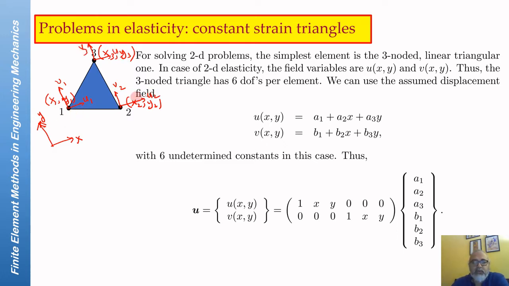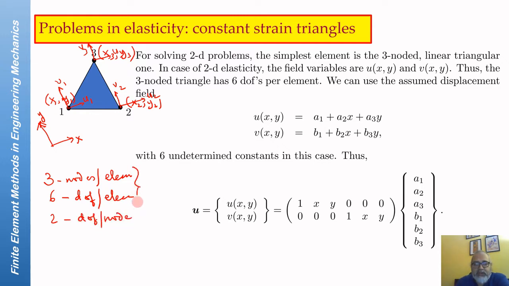This is how we are going to denote the displacements. So this has altogether 3 nodes per element and 6 DOF per element, that is 2 DOF per node. So this is the definition of this element.